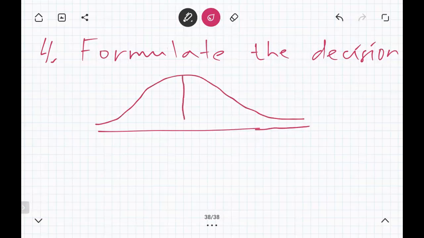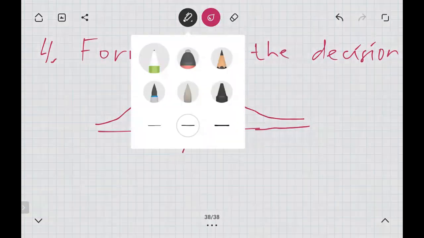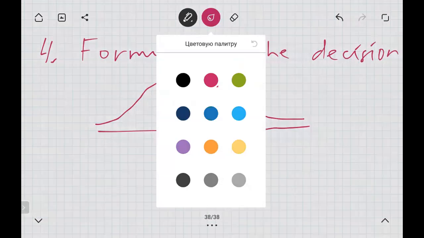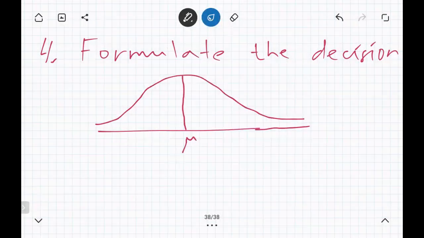Here is our previous old mean value. I can build the 95% confidence interval. So that will be my mean plus or minus 1.96 standard deviation over square root of n.